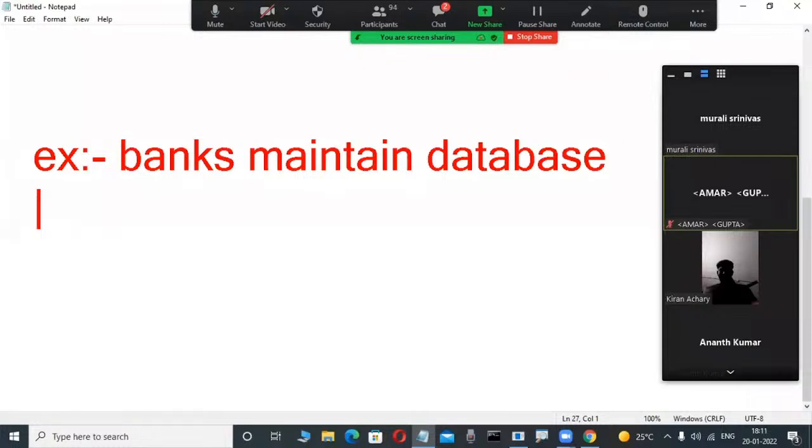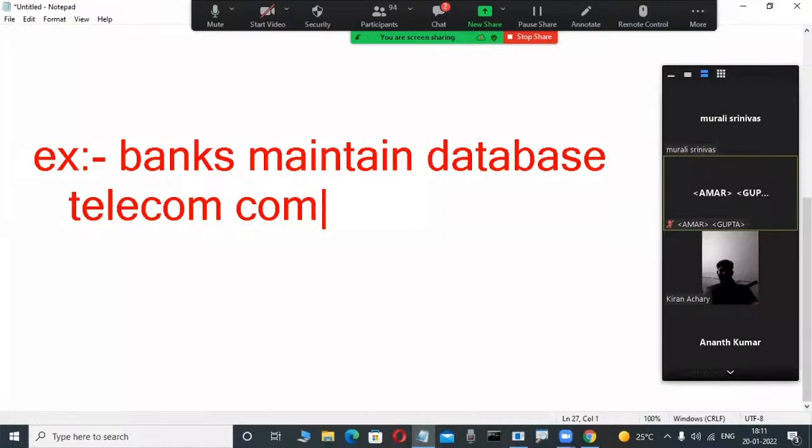Banks, everyone understands. Suppose telecom companies, so many examples are there. Telecom companies maintain databases. Suppose you make a call to your friend; those call details are stored in a database.